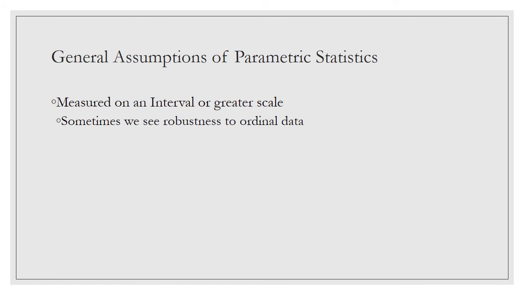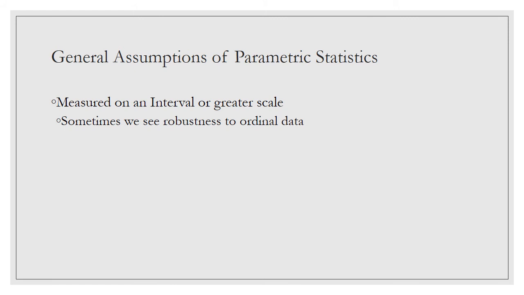There are some general assumptions of parametric statistics that we make. I'm going to go over a couple of those general assumptions. The first one is that in general we say that it's measured on an interval or greater scale, so an interval or ratio scale. However, sometimes we have what we call robustness to this assumption, that data that's on an ordinal scale performs well enough like an interval scale that we can use it.